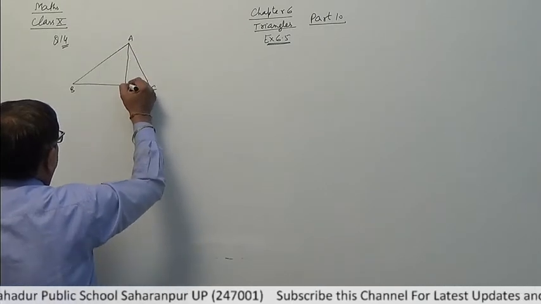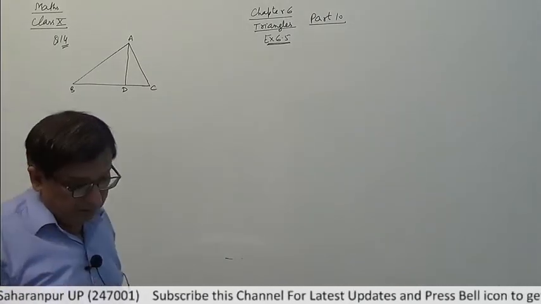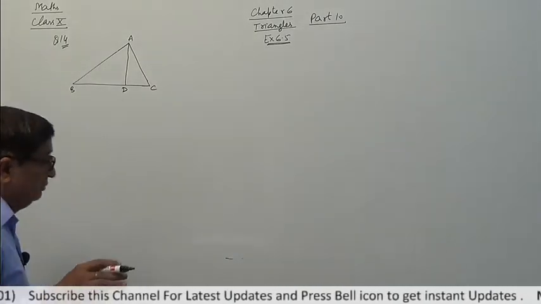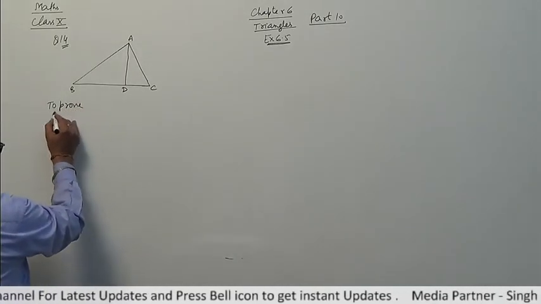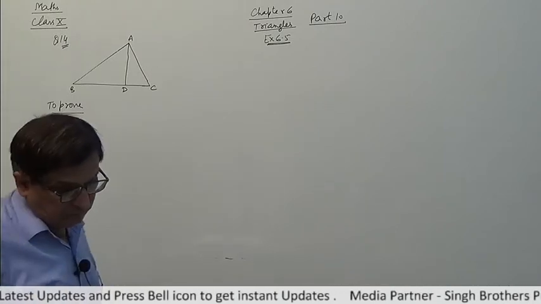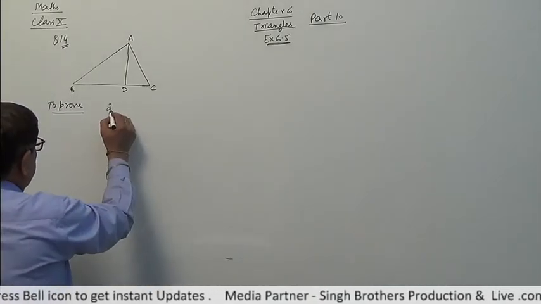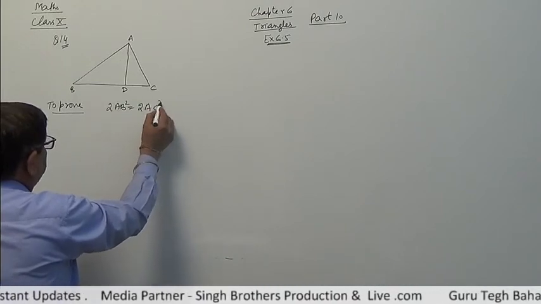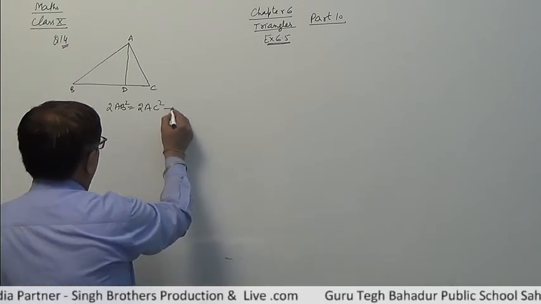AD is perpendicular to BC. BD is 3 times CD. To prove: 2AB square is equal to 2AC square plus BC square.